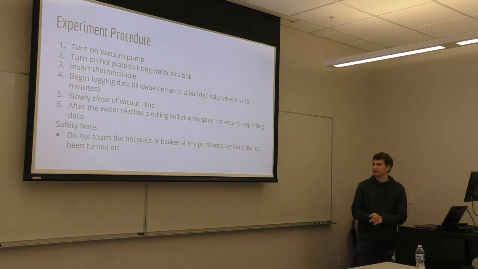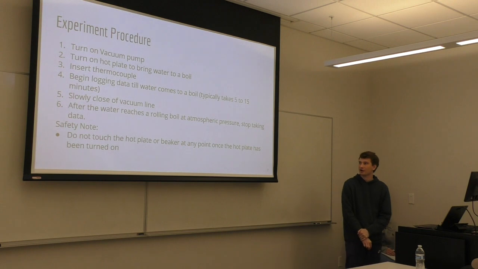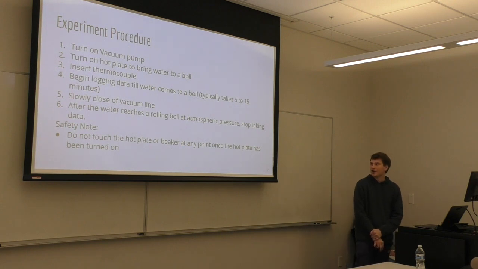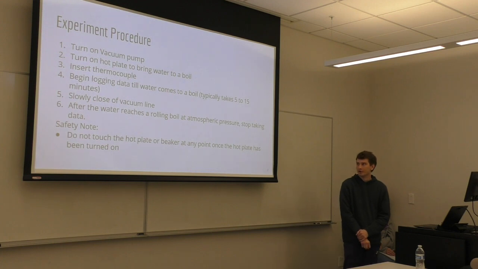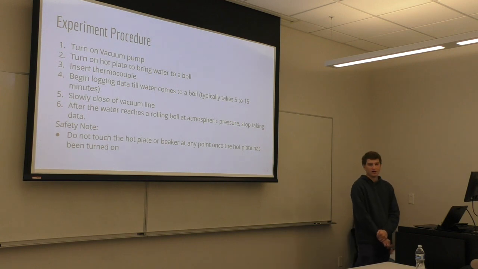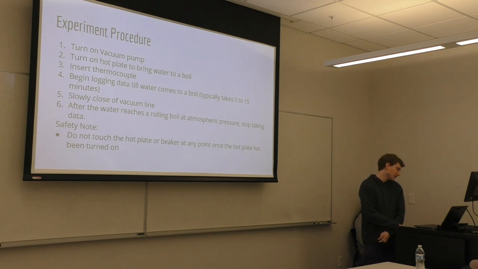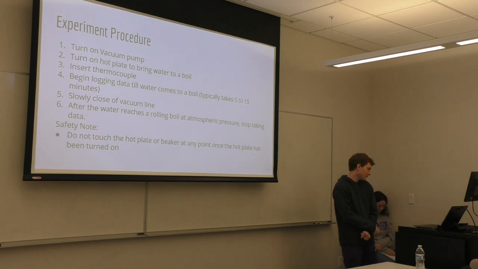So the procedure, we want to start off by turning on the vacuum pump and then turning on the hot plate to bring the water to a boil. After turning on the hot plate, we want to insert the thermocouple, we also insert the tube for the vacuum, and we insert the rubber stopper as well.